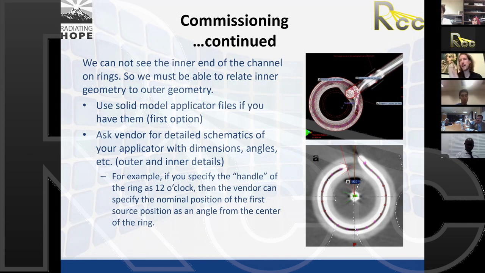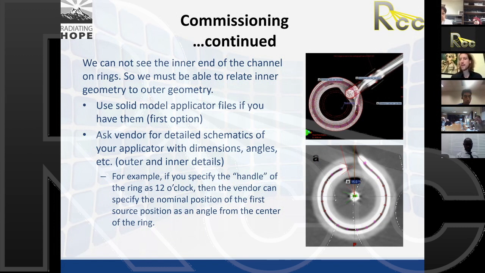So if you can see the outside of the ring, if your ring is set up like that, then it becomes easier. You can see the end of the actual ring applicator itself. You can take data from your manufacturer, see that dead space, as Ben was discussing last time, and then you can find the physical position of the first dwell position in your treatment planning system.